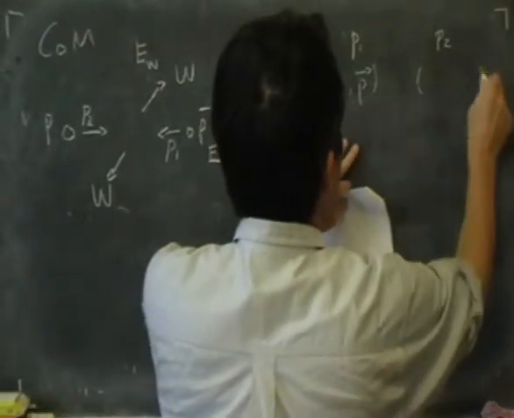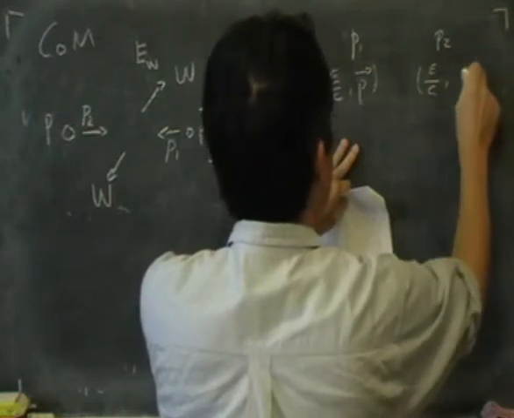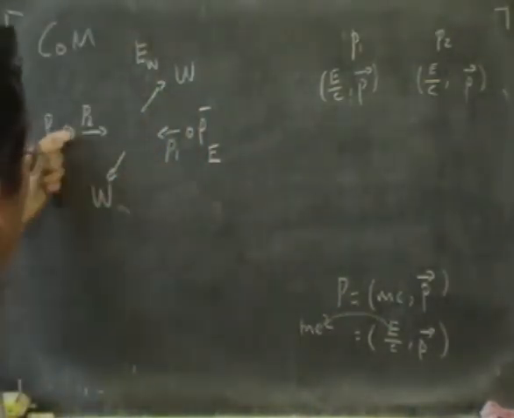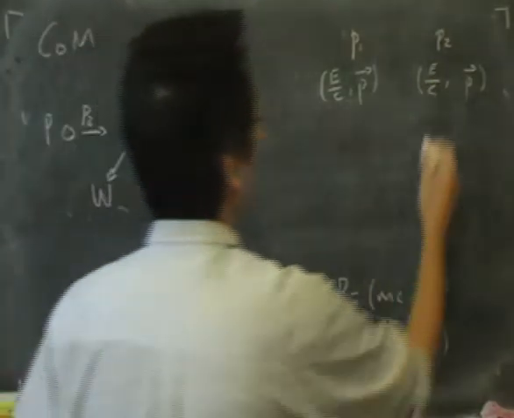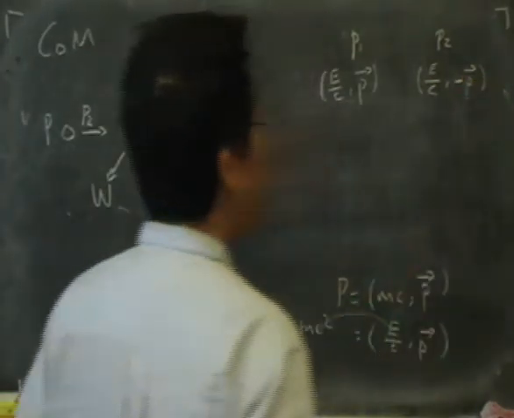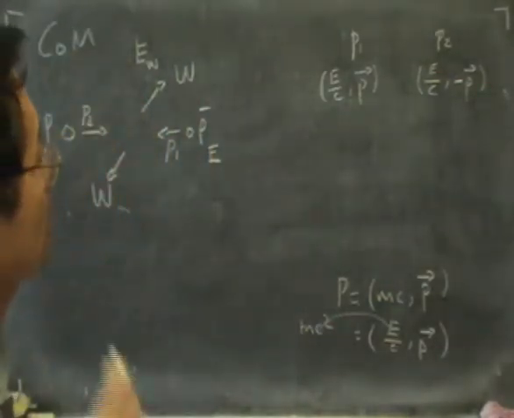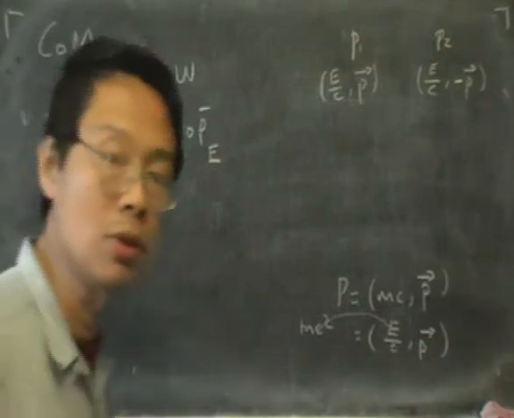Now for P2, it's almost the same, except that because P2 has the opposite three-momentum to P1, the sign is opposite. So these are the four-momenta of the proton and antiproton before collision.